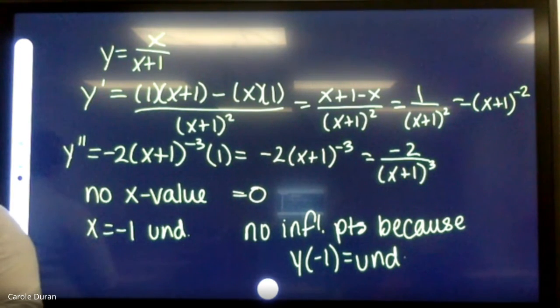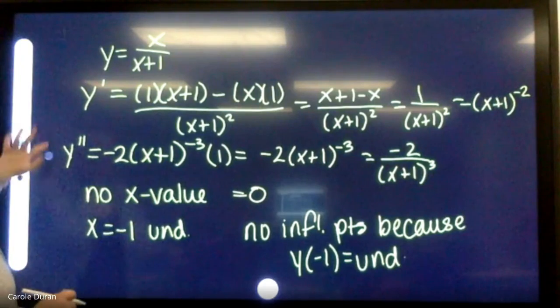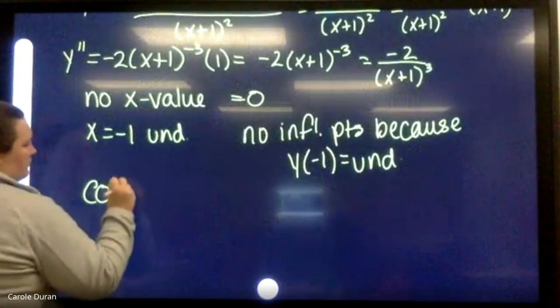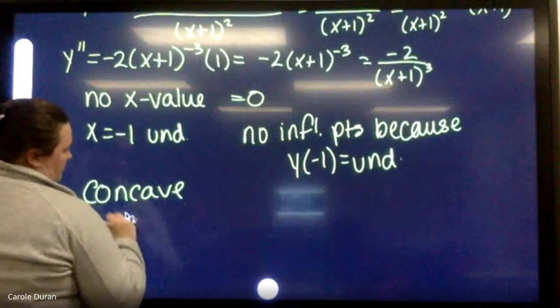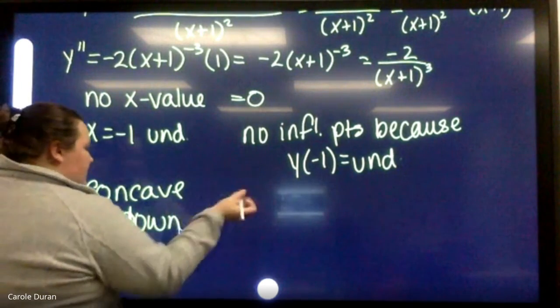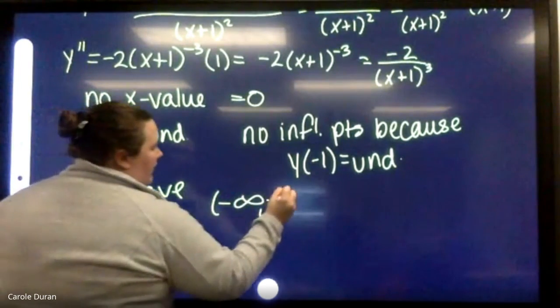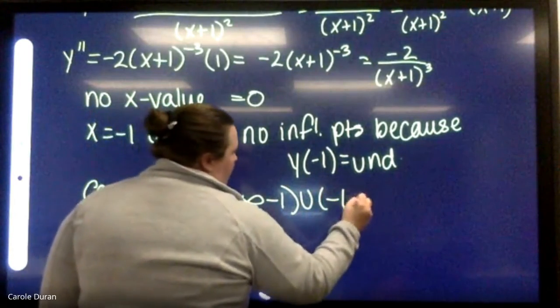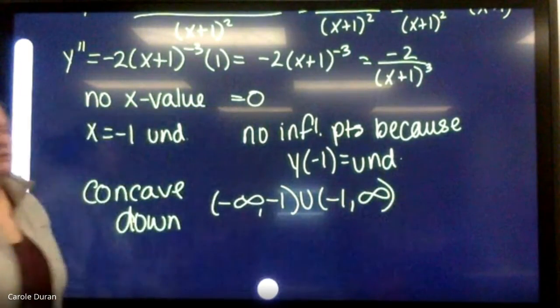Yes, you would want to do that, in theory, because it's undefined. So we would say concave down on my entire interval, except -1, because at -1 it was undefined.